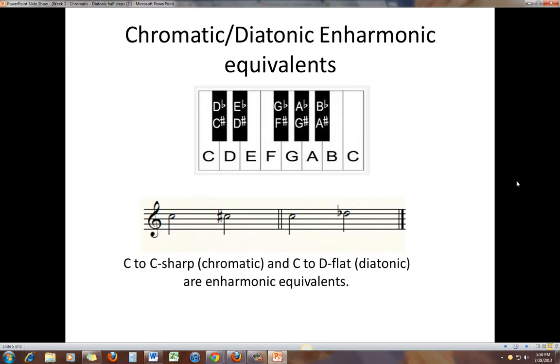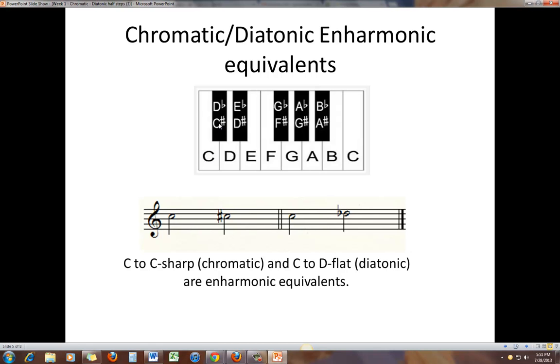There, as you might guess, are going to be chromatic and diatonic enharmonic equivalents. If you don't understand the term enharmonic, you should go back one video and take a look at that again to hear the discussion of the term enharmonic. So here we are with C to C sharp.